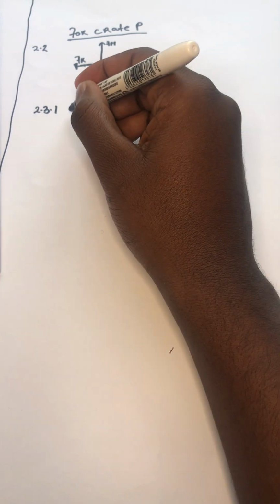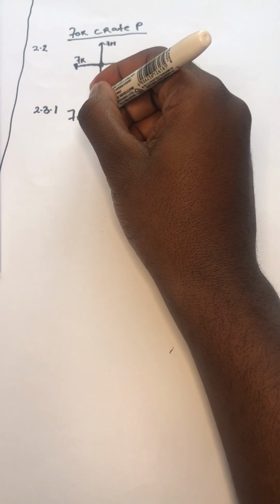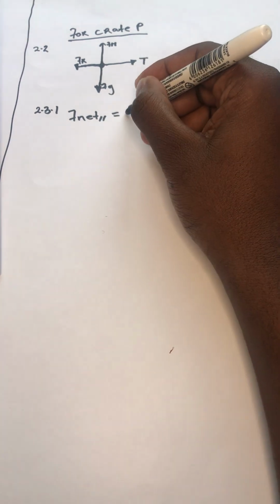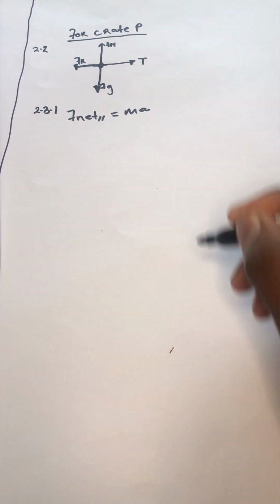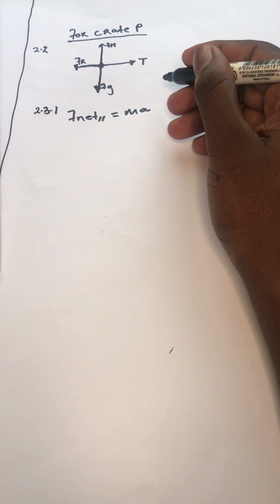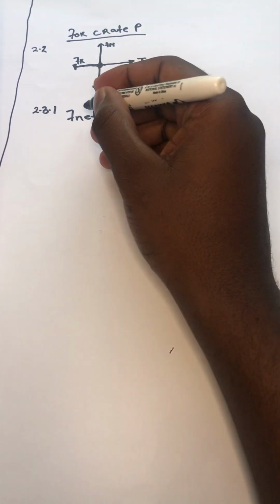2.3.1. Okay, so F net from parallel forces, it is equal to MA. Okay, for parallel forces there is the acceleration, but for perpendicular forces as nayo the acceleration. Okay, imaphi ama forces that are acting parallel to the surface. We don't draw a surface.